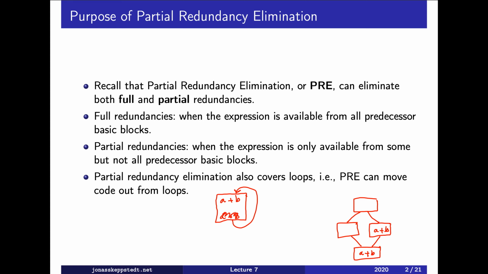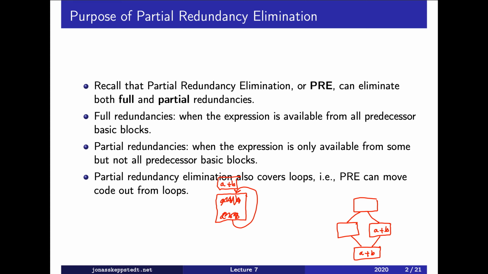Okay, so we have actually partial redundancy here, and we would like to move a plus b to before this loop, and only computed once. What is very neat with PRE is that it can move code out of loops without knowing there is a loop.